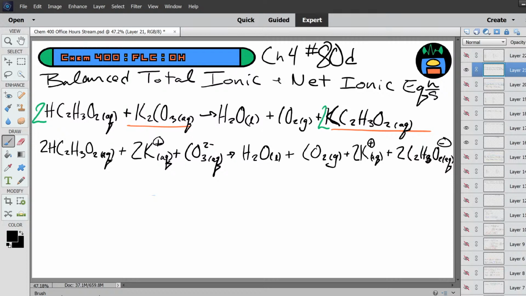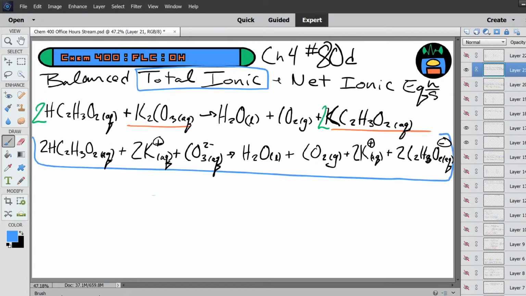All right, so this is our total ionic equation right here. It's pretty long. And now we need to identify our spectator ions to get our net ionic equation.